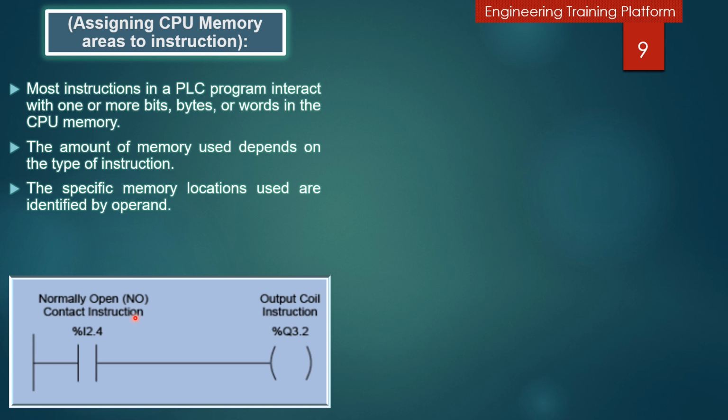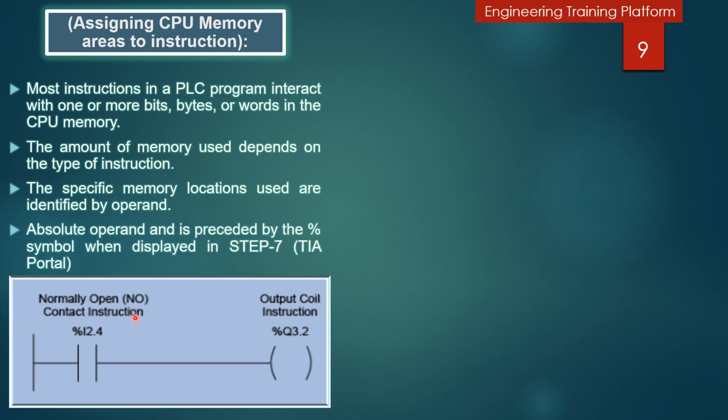The operand for the normally open contact instruction indicates that this instruction is controlled by the I2.4 status bit, and the operand for the output coil instruction indicates that this instruction controls the Q3.2 status bit. This type of operand is called an absolute operand and is preceded by the percent symbol when displayed in STEP 7 TIA Portal.